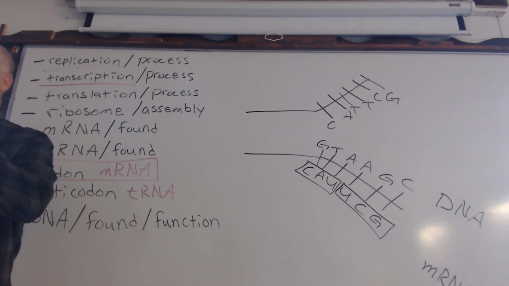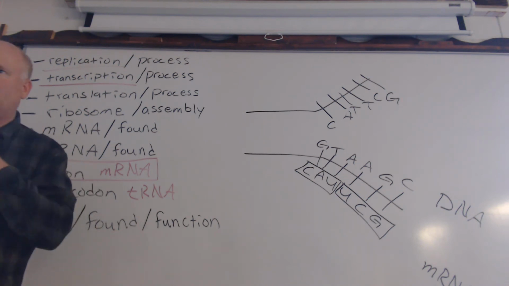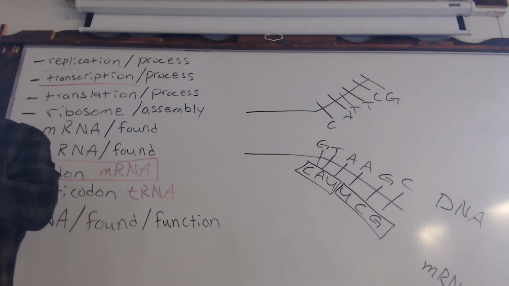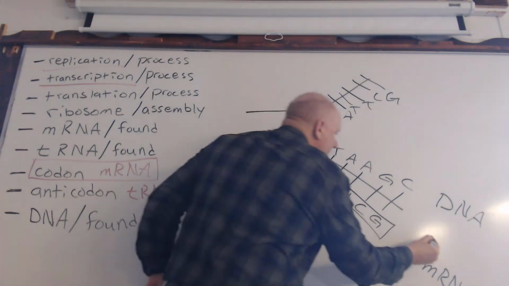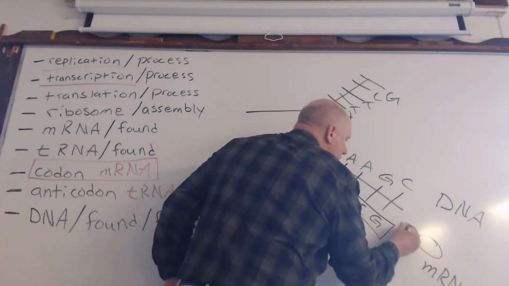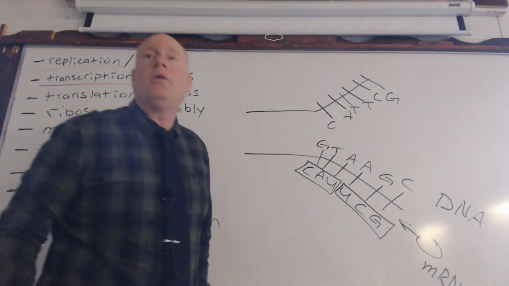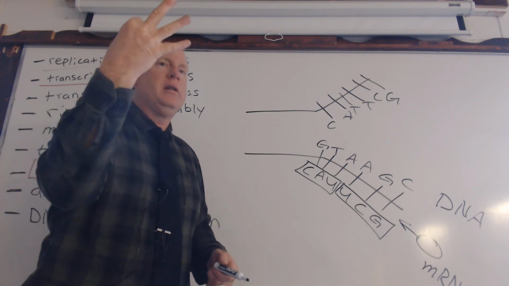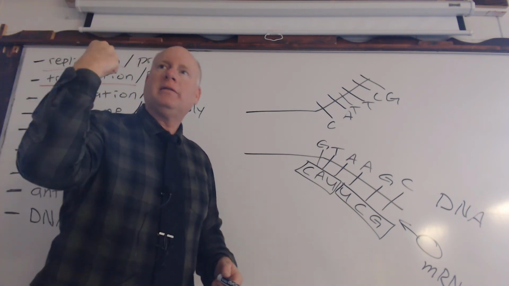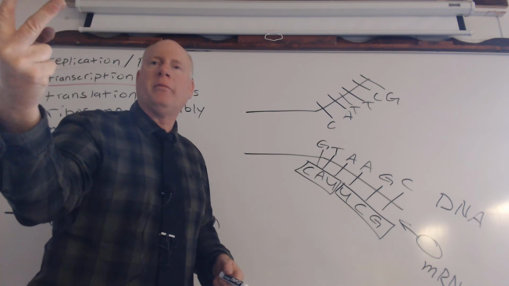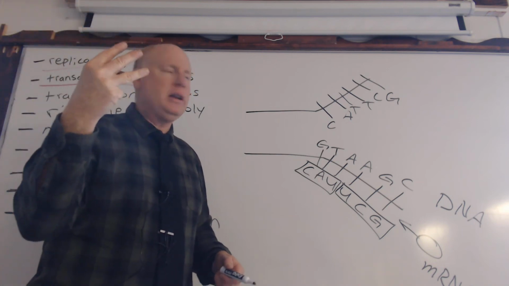It's not DNA polymerase, because we said that seals it together. It's another polymerase enzyme. RNA polymerase does that. So how many enzymes have we talked about total? 3. DNA polymerase, RNA polymerase, and DNA helicase.